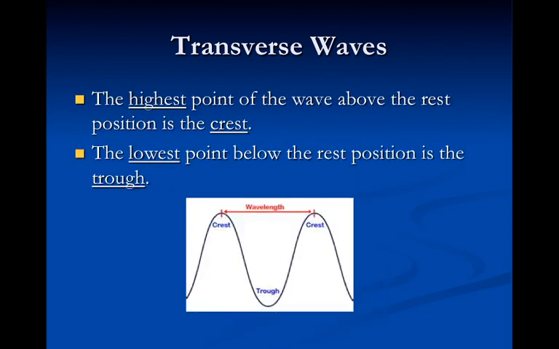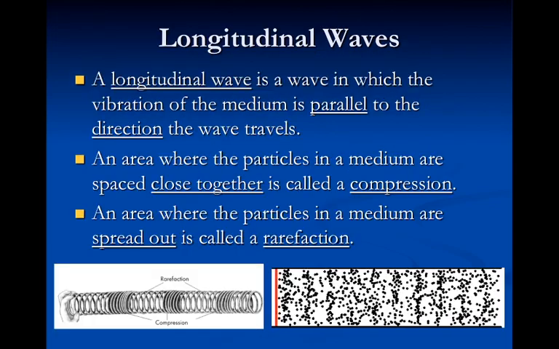And as I said before, the peak of the waves are called the crest. The bottom part of the wave is called the trough, or the lowest part. And the distance between 2 crests or 2 troughs is called a wavelength. And these waves are carrying energy.